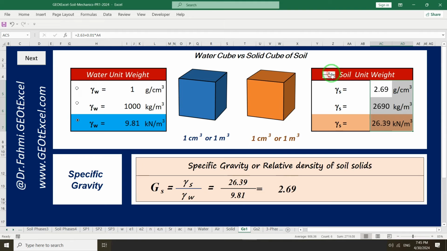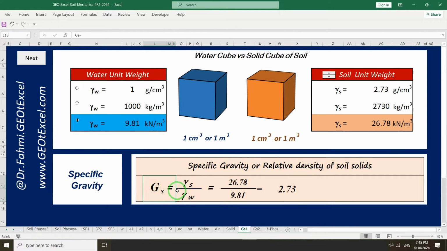For different soils such as clay, sand, silt, and other soils. A specific gravity or relative density of soil solids.